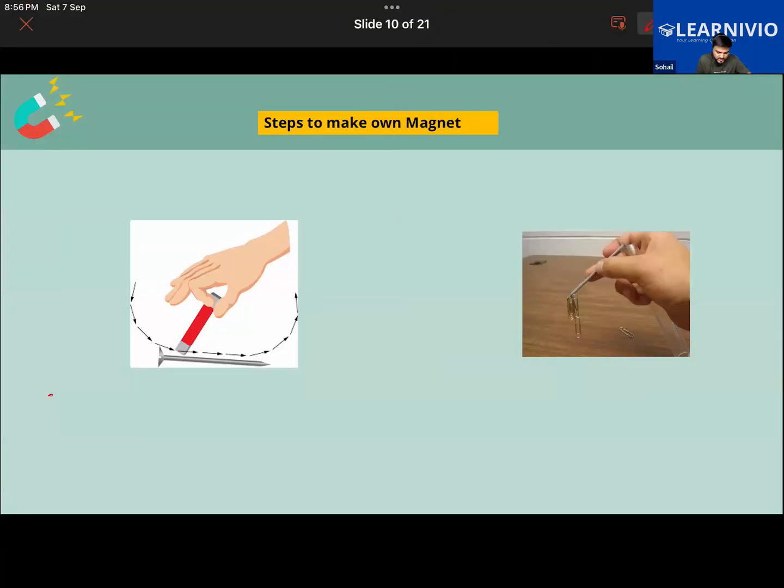So write down this one also. The first thing you will be writing is that we are going to take a bar magnet or any rectangular piece of magnet.